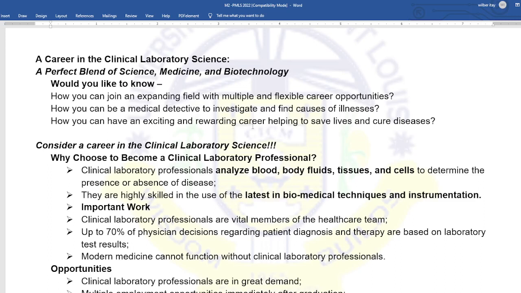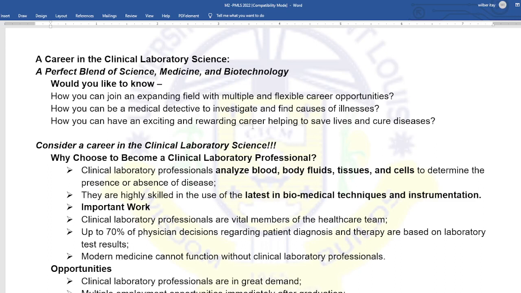So you should never compare, guys, what we do with what nurses do, or what respiratory therapists do, or what pharmacists do.